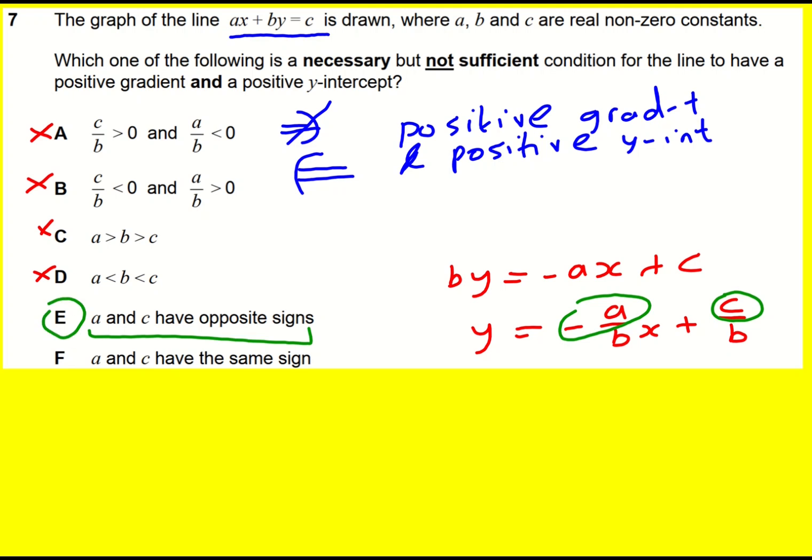Whereas if A and C had opposite signs, it doesn't guarantee that we have a positive gradient because again, it depends on B. So let's say A was equal to, I don't know, 3 and C was equal to minus 5. Then, because I've got a minus here, let's say B was then equal to 2.